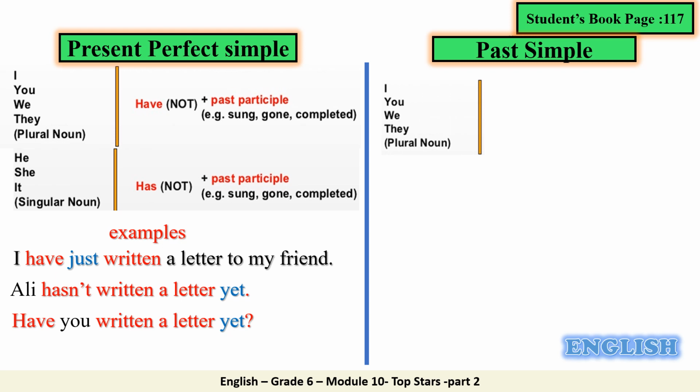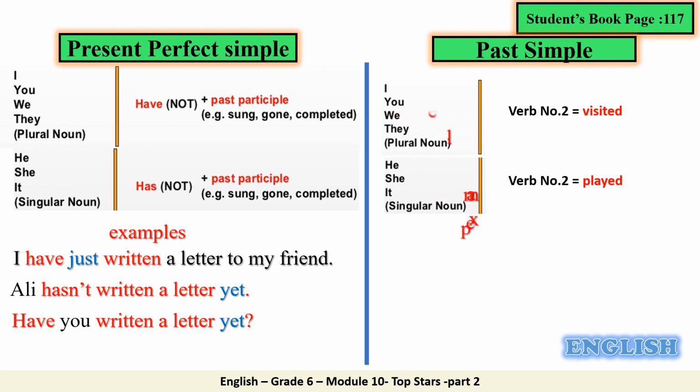Now let's move to past simple. With I, you, we, they, and a plural noun, we use verb 2. In the regular form, we add ed or d. And with he, she, it, singular noun, also we use verb 2. For example, played and visited. Let's take some examples here for the past simple.